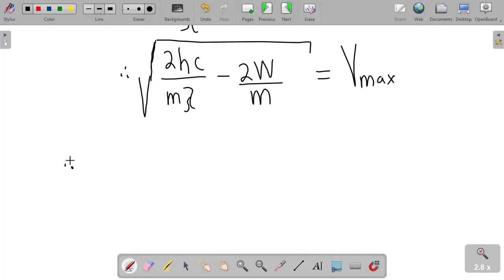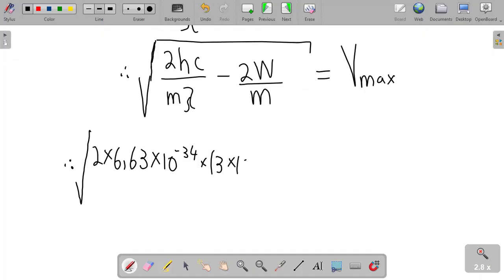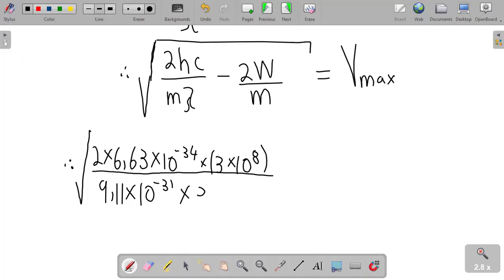So then we can say therefore, it's 2 multiplied by 6.63 multiplied by 10 negative 34, and 8, then divided by the m, which is 9.11 negative 31, and then 3.50 multiplied by 10 negative 7.